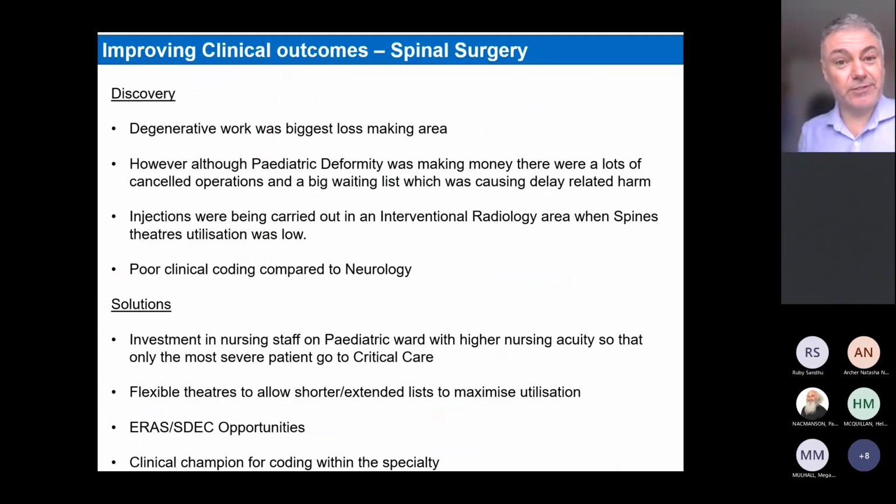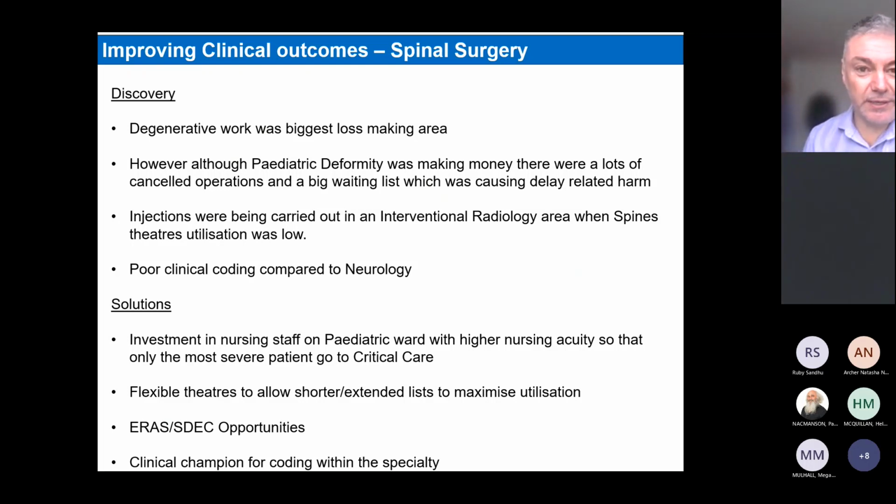So the discovery there was degenerative was making huge losses. Pediatric deformity was working within tariff and actually making us a bit of money, but there was a huge list of cancelled ops. Waiting list was over a year for the Scoli stuff, and it was causing delay related harm.